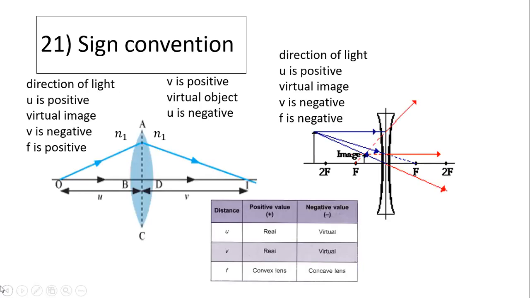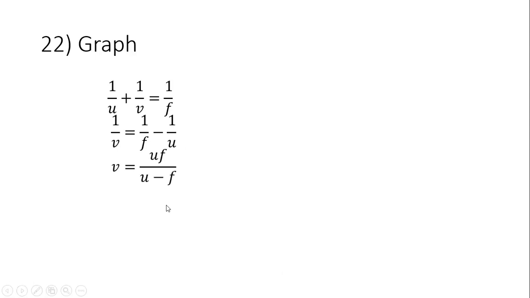Okay, this part you don't need to worry so much about. The next part I teach you because it was in your book, and the writer is an old teacher. This is more experimental. That formula we can play with to get different types of graph. Subject V: take 1 over U across to the other side, 1 over F minus 1 over U. Then common factor FU is U minus F. Then we invert it, we get this formula.